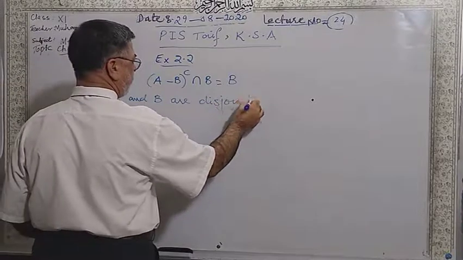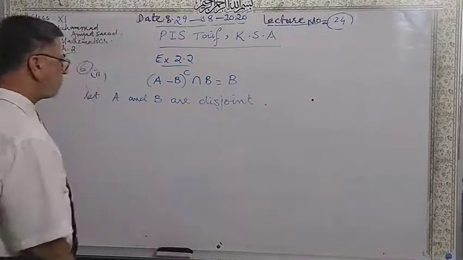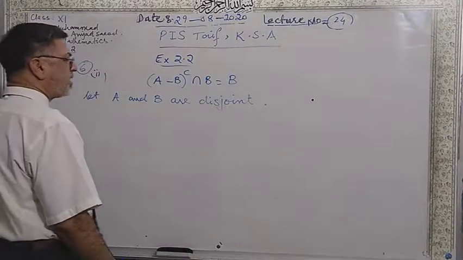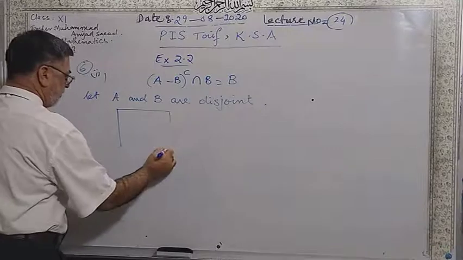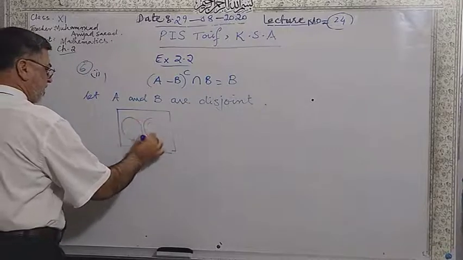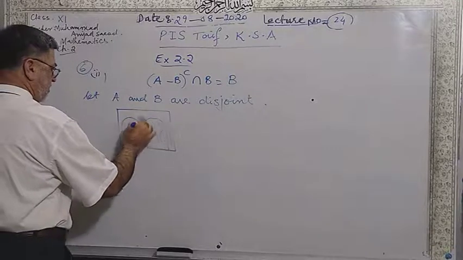This time I am taking disjoint. If A and B are disjoint, then definitely your Venn diagram will be like this one.